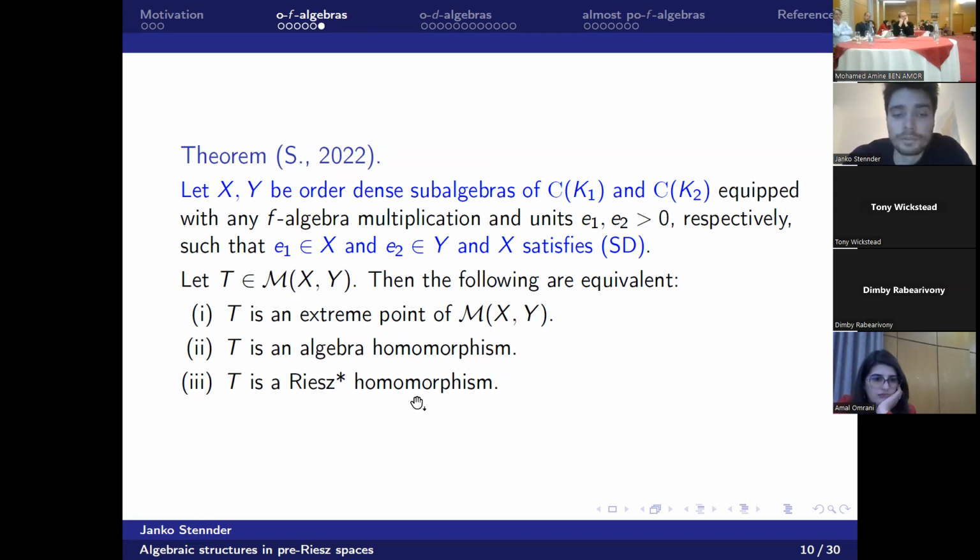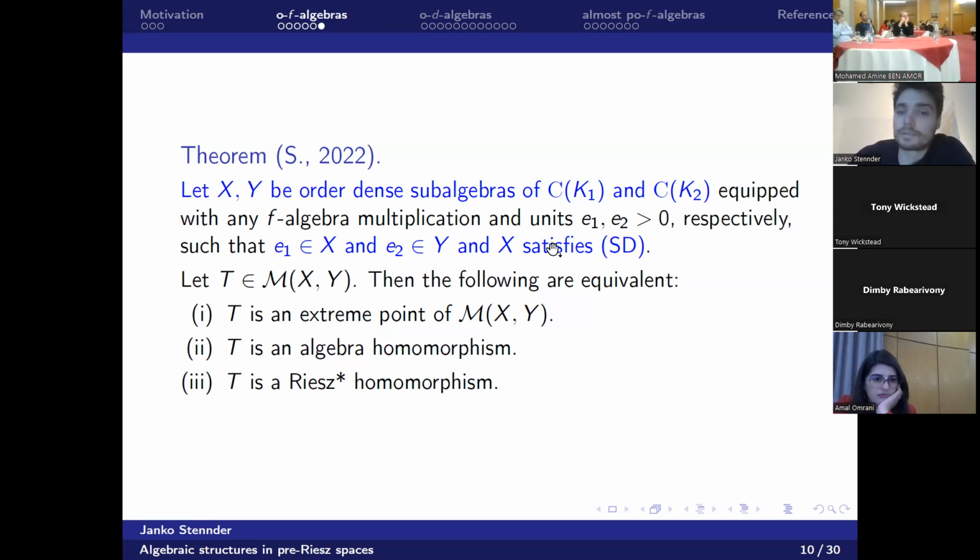But I just want to remark one little thing. Namely, I want X to satisfy SD here, but there's nothing about disjointness in this theorem. So the question is, why do we need SD? The problem is that in general, an algebra homomorphism is only a disjointness preserving operator. So if it's a positive algebra homomorphism, then of course it's a positive disjointness preserving operator. And in the vector lattice case, it's the same as a Riesz homomorphism, but in partially ordered vector spaces, this is in general not true.